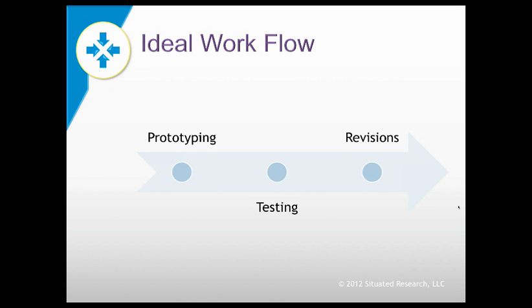And so you want to make sure that you take this process throughout the development process, the development cycle of your product. Now, the ideal workflow is that you come up with a prototype. You contact a usability company right away. You get that testing done all the way through the development process. Revisions are made along the way, and then you produce and come out with this awesome product that everybody wants.